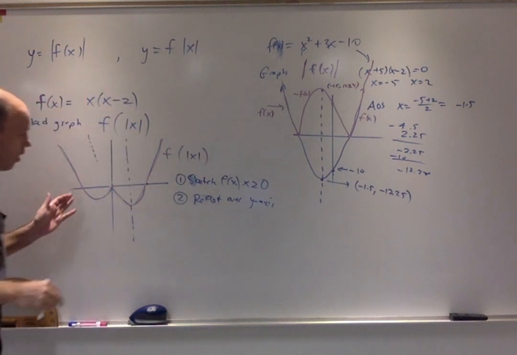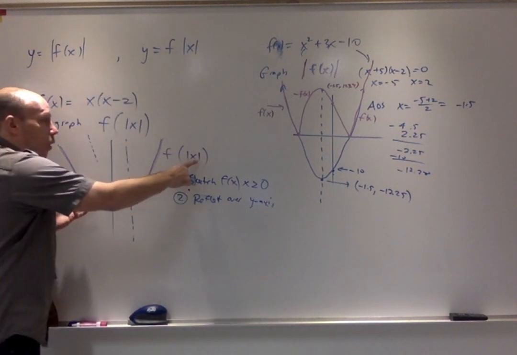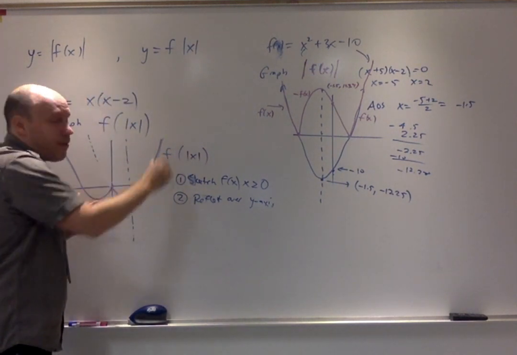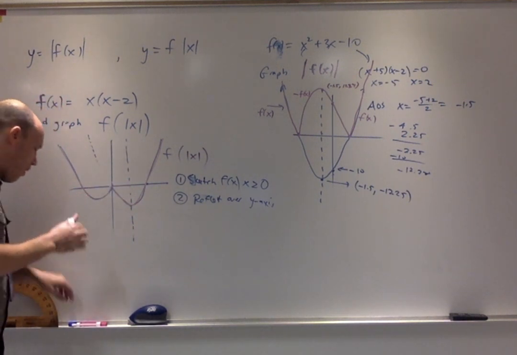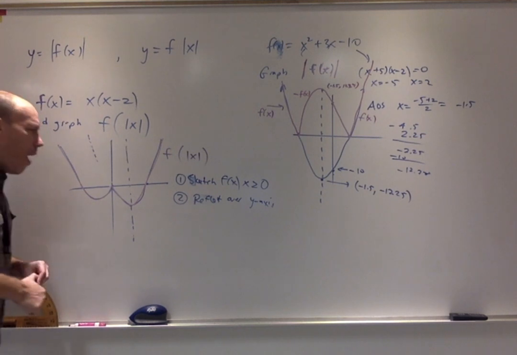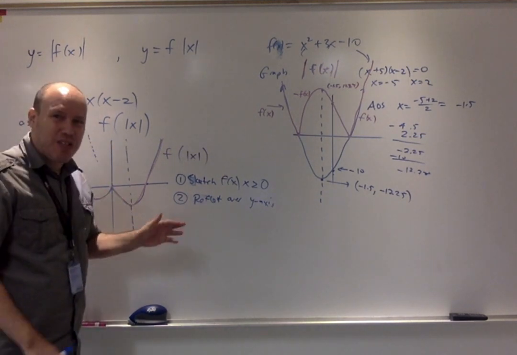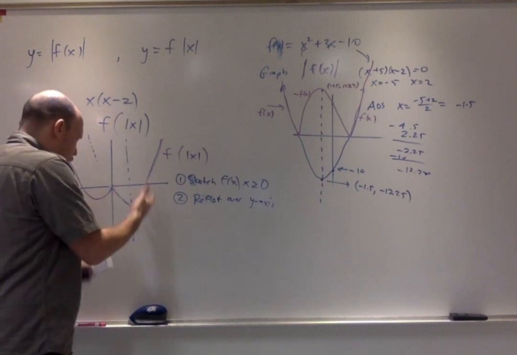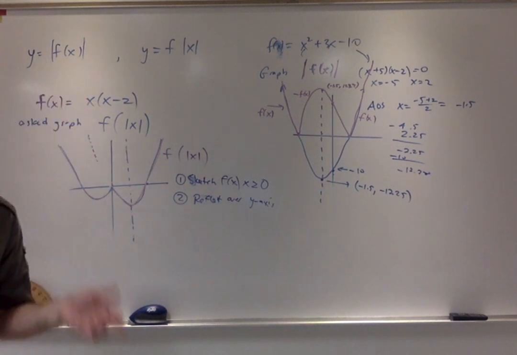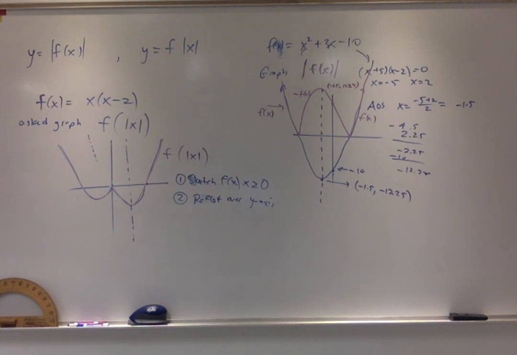As I said before, if you think about it, all the negative numbers take on the positive numbers, and so this is the reflection. This is the graph. Now, you're probably just going to be asked to just sketch this, but the real problems come with the absolute value problem. So let's go over some of those.